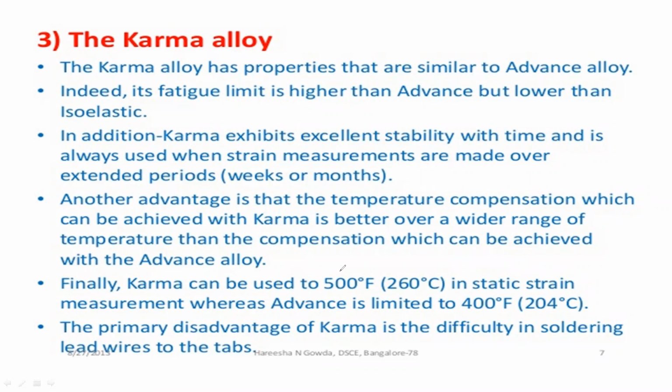You can see 500 degrees Fahrenheit, that means 260 degrees centigrade, can be maintained with this type of alloy. If we use the advanced alloy, only 204 degrees centigrade should be maintained.